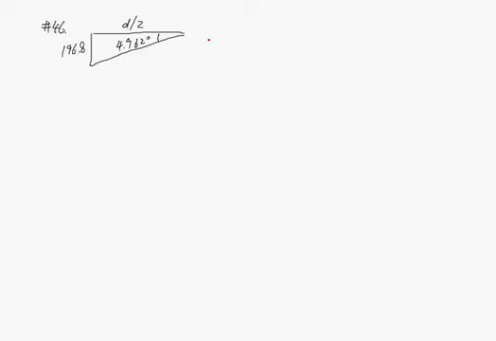So first, we have the tangent of this angle 4.962 degrees equal to the opposite over the adjacent. So that is 196.8 divided by d over 2.